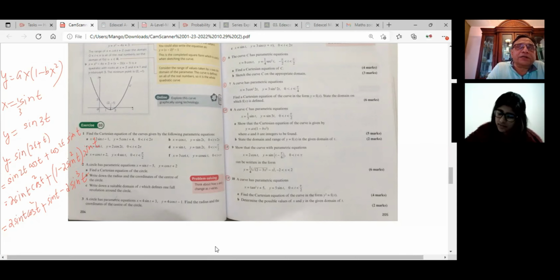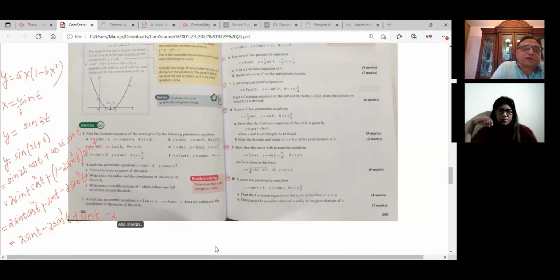So now replace cos squared t by 1 minus sine squared t. That gives 2 sine t times (1 minus sine squared t), then minus 2 sine cubed t, plus sine t minus 2 sine cubed t. So I got minus 4 sine cubed t plus 3 sine t.